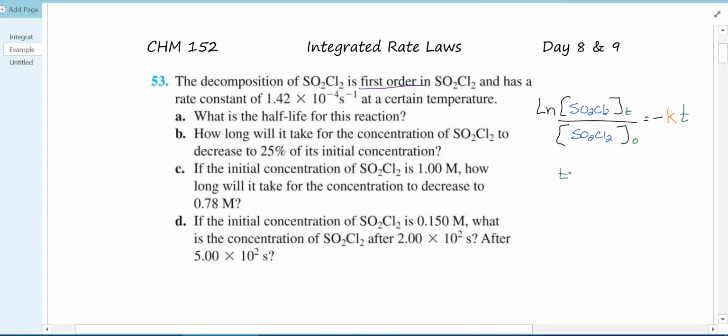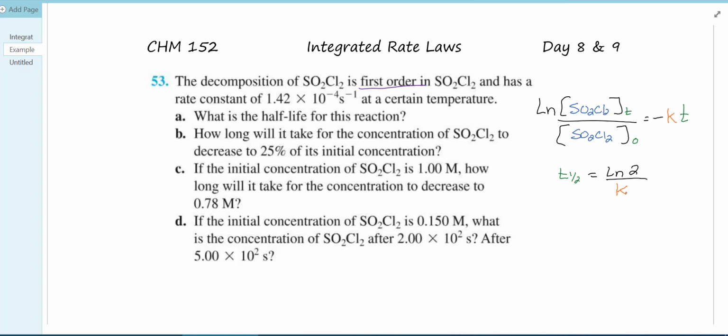And t1/2 is equal to natural log 2 over k. Since it's first order, let's write down those equations.